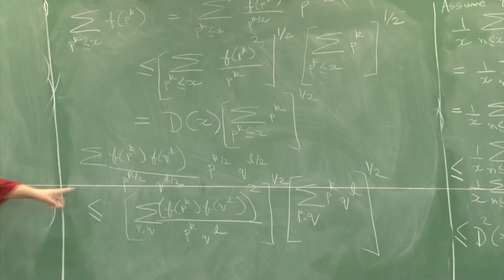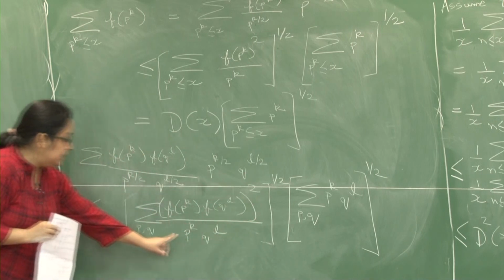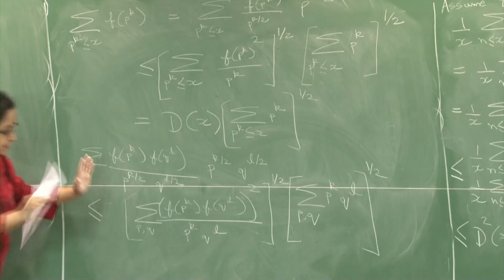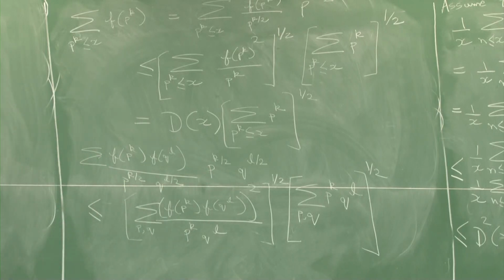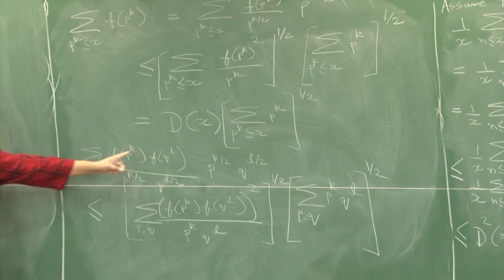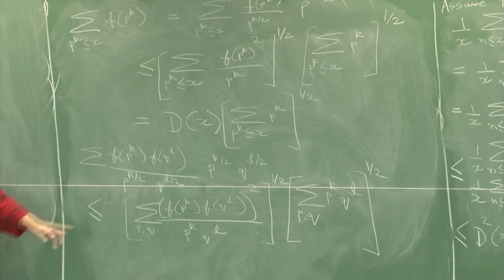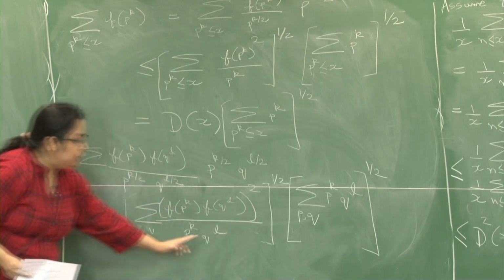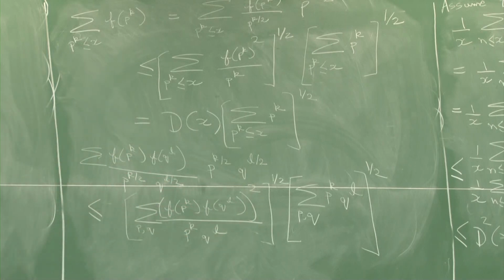Now, notice the inner sum, without the half exponent outside. If you just look at the inner sum itself, it seems to be a product of d of x whole square with itself. So the inner thing will just be d of x raised to the power 4, because d of x was the square root of something.